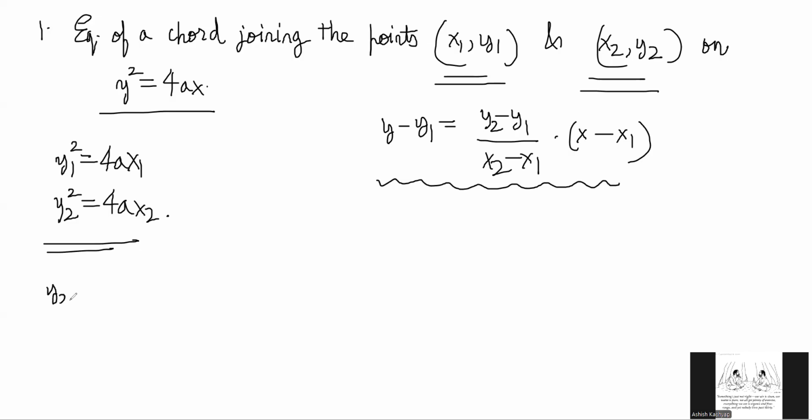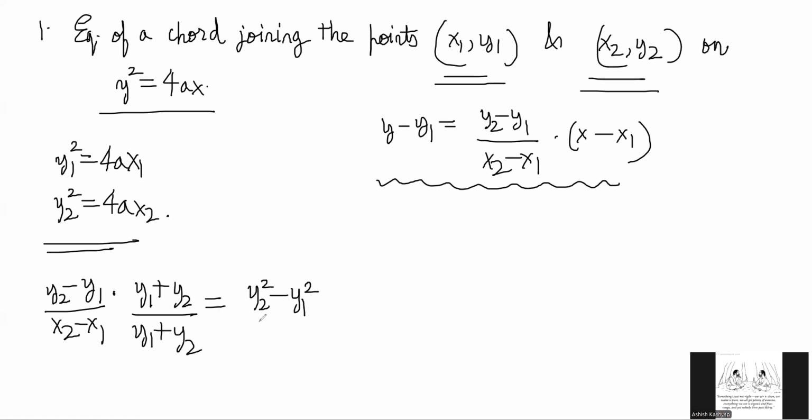We can see (y2 minus y1) by (x2 minus x1) can be written as, if you multiply this by (y1 plus y2) by (y1 plus y2), (y2 square minus y1 square) by (x2 minus x1) times (y1 plus y2), right?